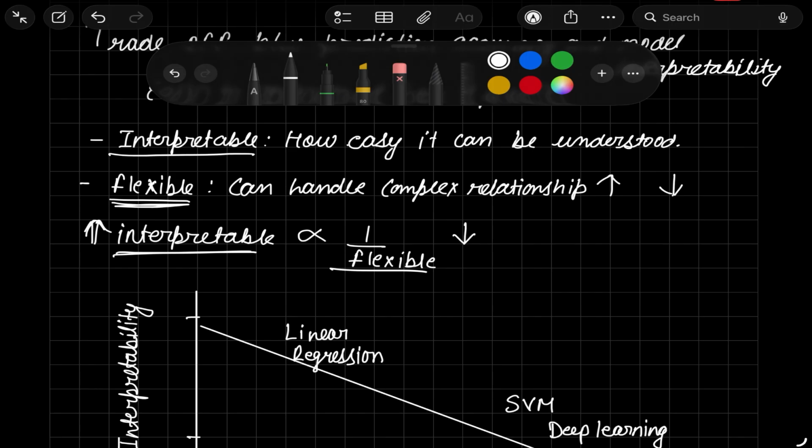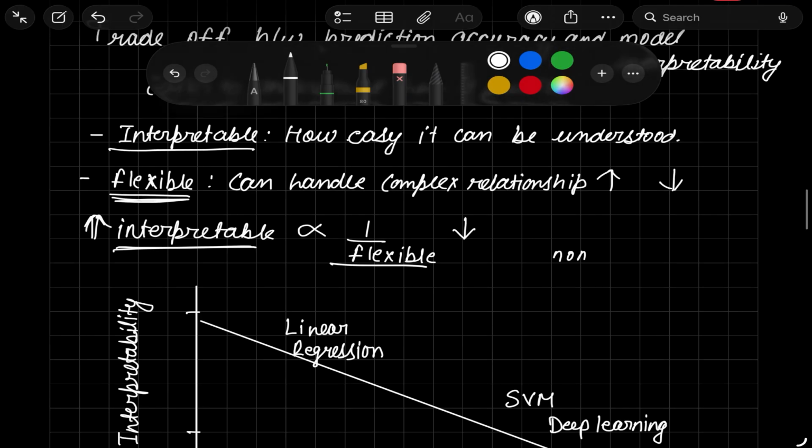Now what does complex relationship mean? You can simply say it is non-linear. All the data which are non-linear do not form the pattern where if my budget is increasing, then my sales are also increasing.